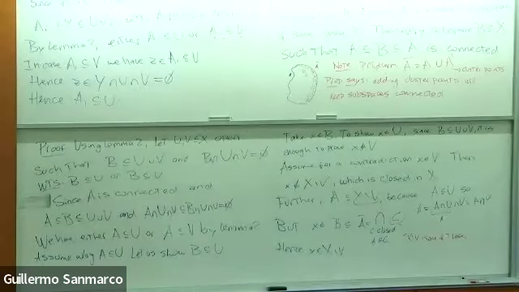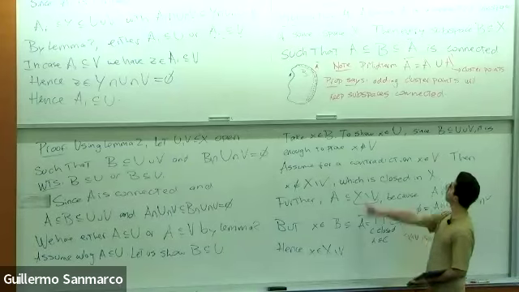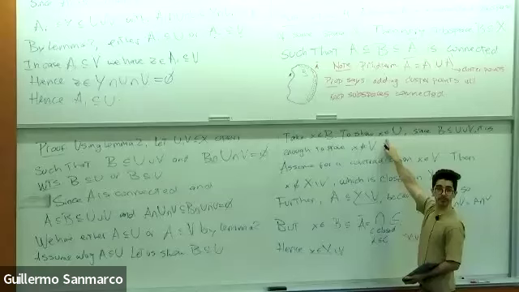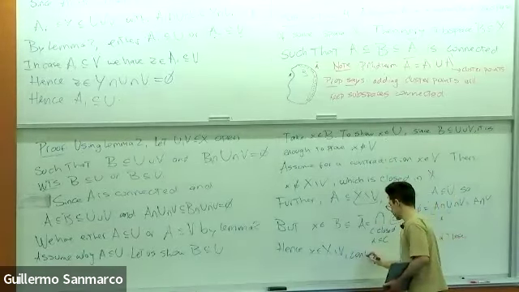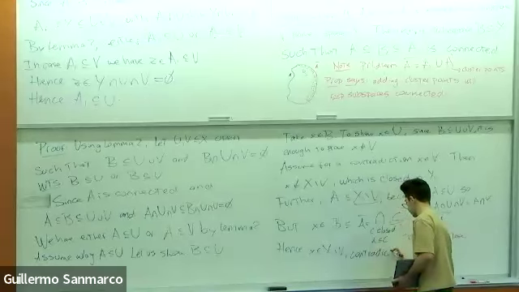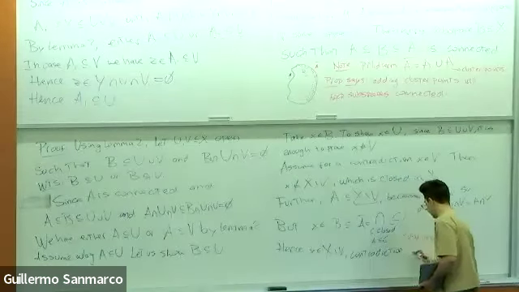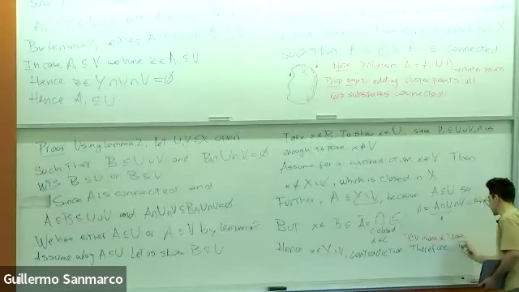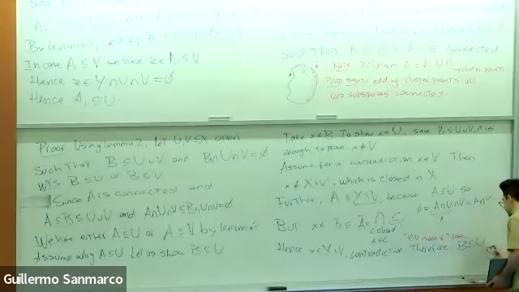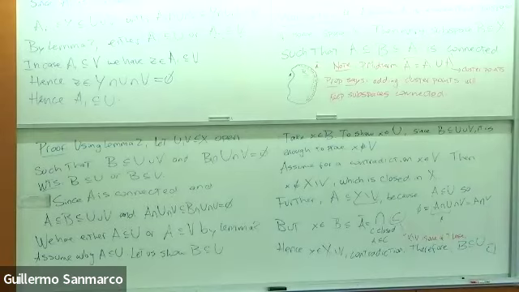Okay. So this proves that X lives in U. Therefore, X lives in U, and that's for any X. So B is a subset of U, and that's what we decided. Yeah, let me hit stop because we're on time.